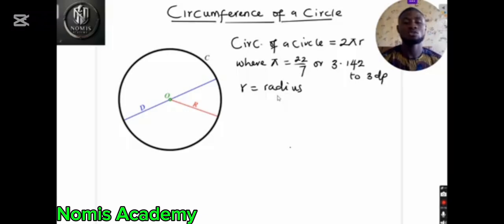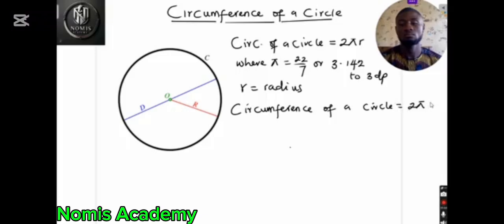In case the radius is not given in a question, the circumference of a circle takes another formula. The circumference of a circle is equal to 2 pi r.